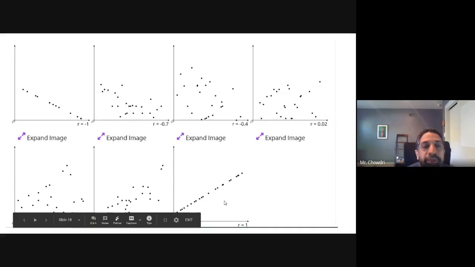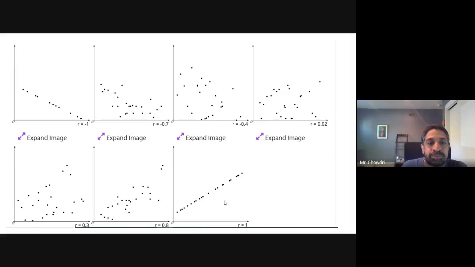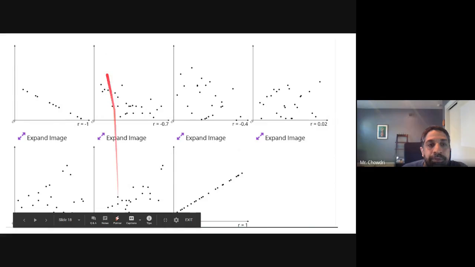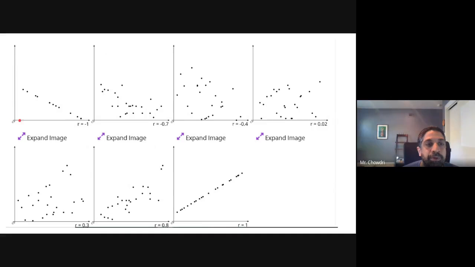But basically, the correlation coefficient for a linear best fit line or a linear scatter plot tells us about the relationship between the two variables, the x and y's. It tells us two things. One, if it's positive or negative, like is it going up or is it going down?